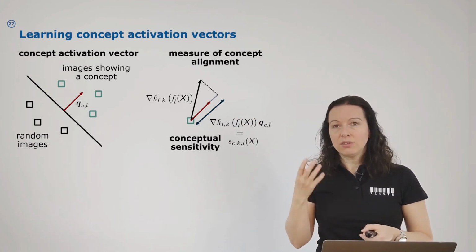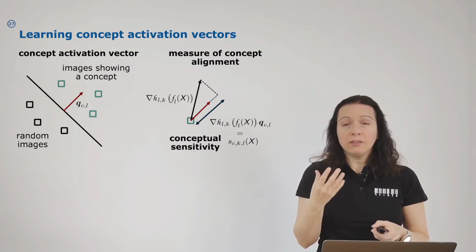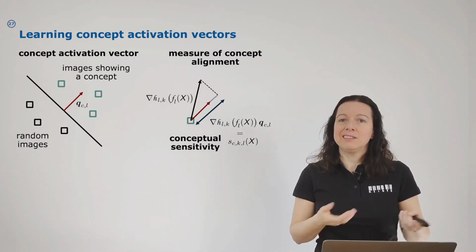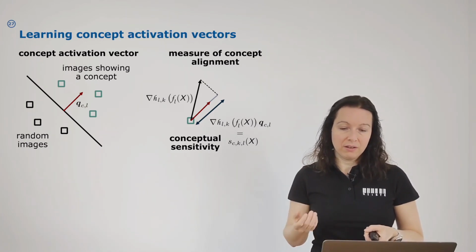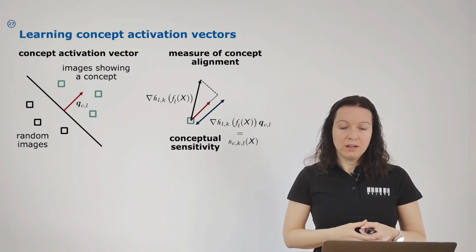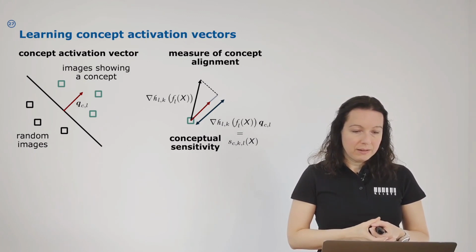And this is not a per-feature metric, unlike in per-pixel saliency maps, but a per-concept scalar quantity computed on a whole input or a whole set of inputs.